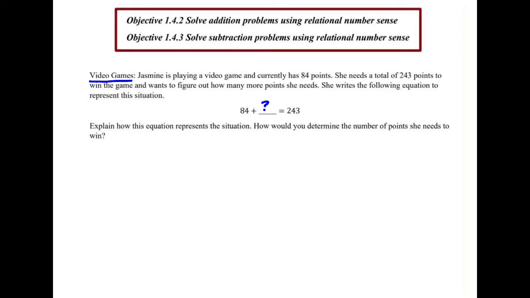What I would do to explain this one is your current score, so the current number of points, added to the points needed, is going to equal the total number of points.